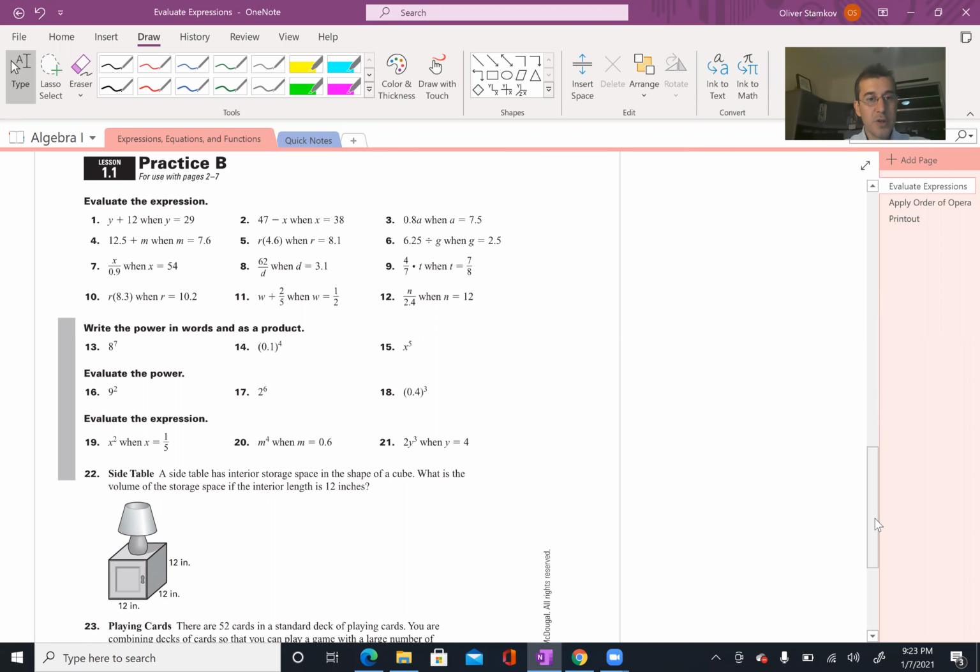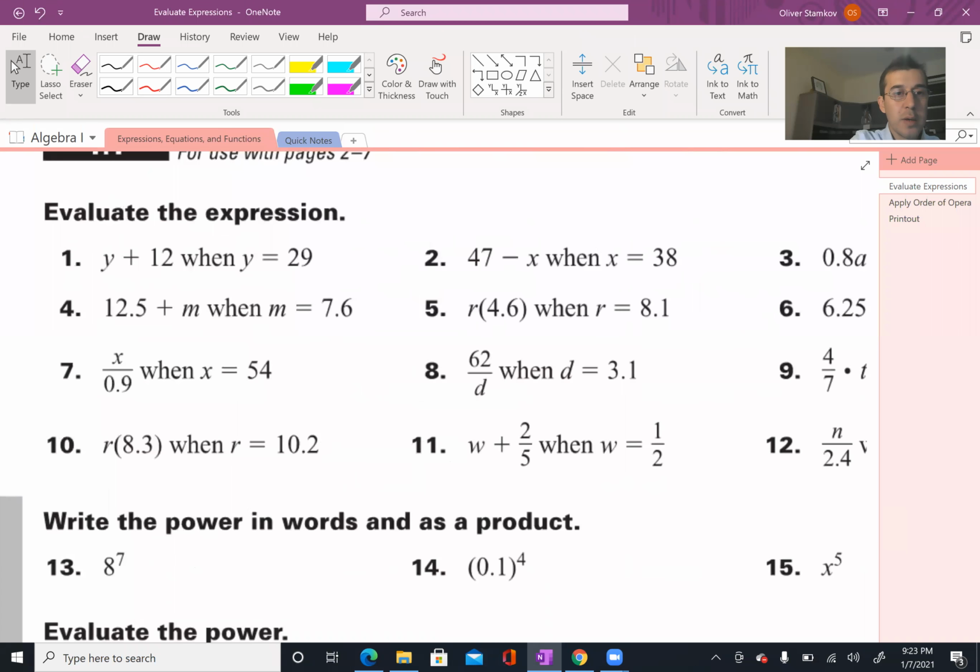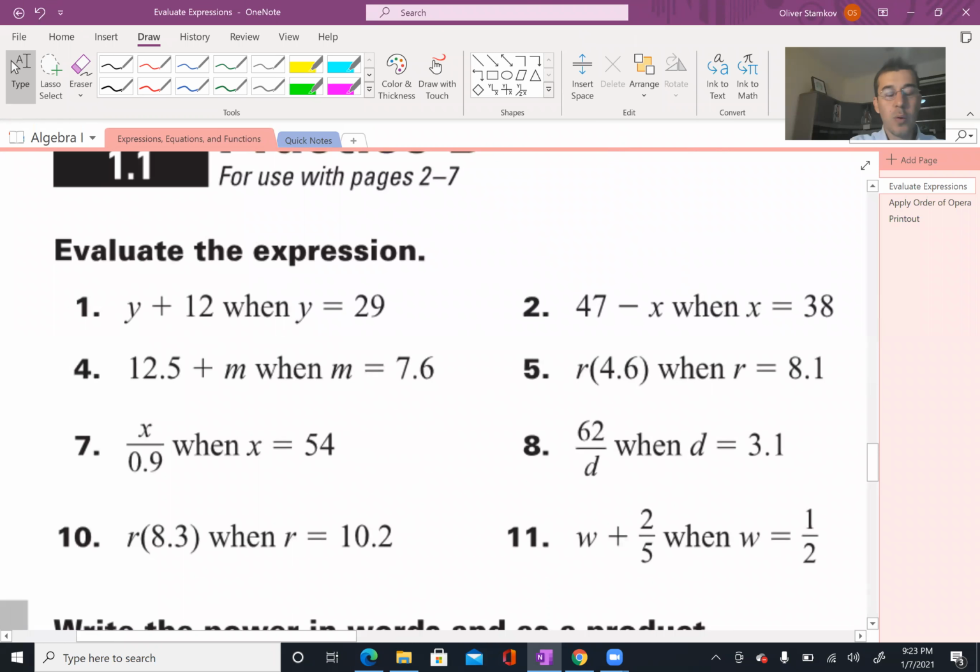Evaluate the expression. There are 12 expressions that we have to evaluate. So the first one is y plus 12 when y equals 29. So what this means is we have to substitute 29 for y as we've been doing just like last time. So this is 29 plus 12.